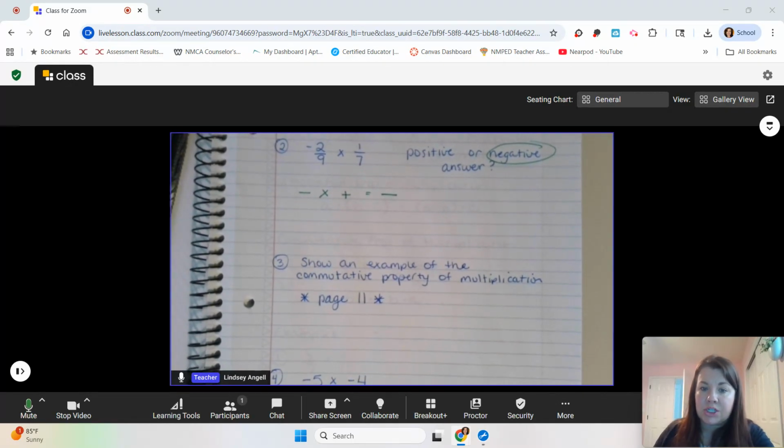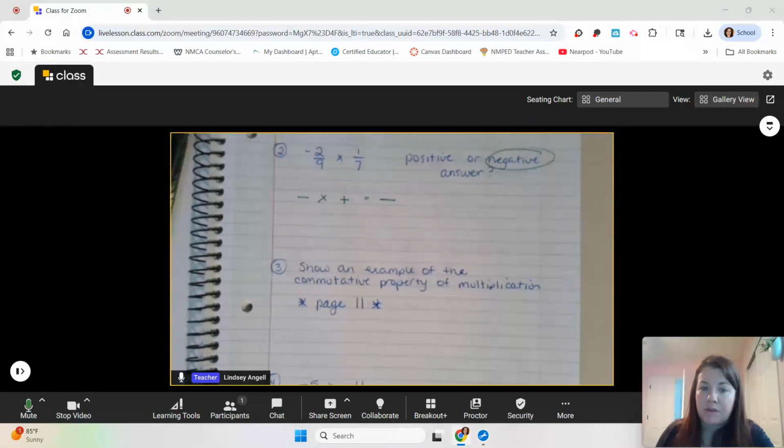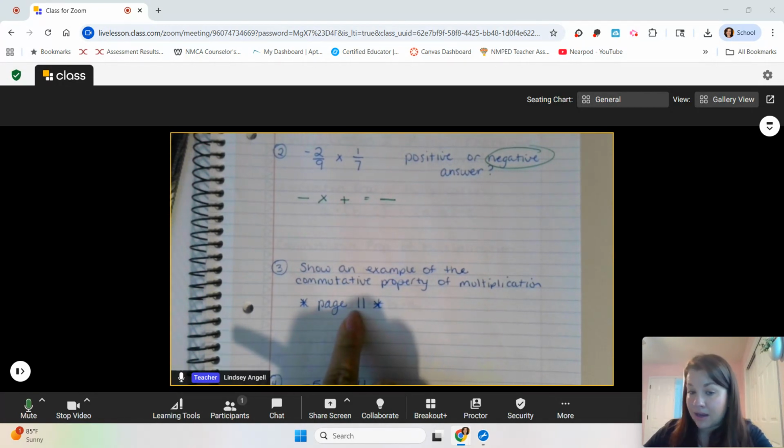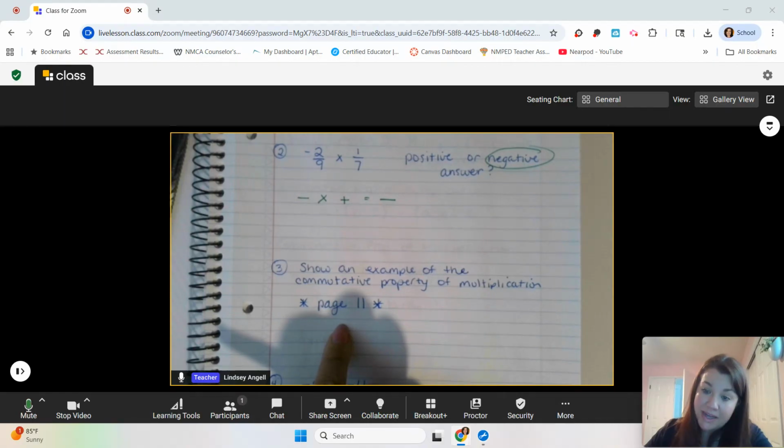Number 3, show an example of the commutative property of multiplication. Now, I'm almost positive this is from your quick check on page 17. On page 11 of your lesson, it talks about the commutative property. So if you skipped over that, or if you forget, go back to page 11.